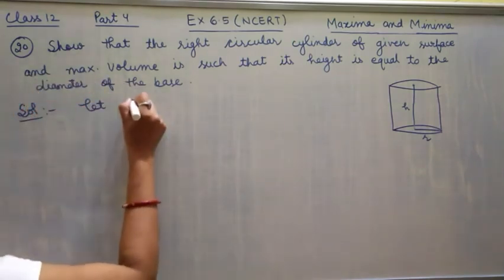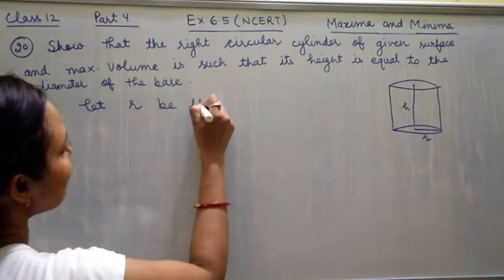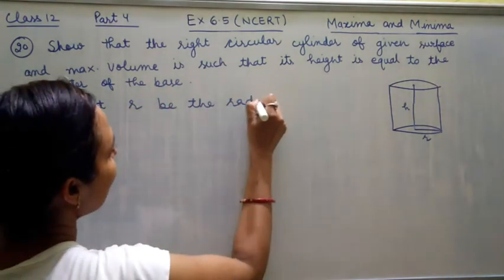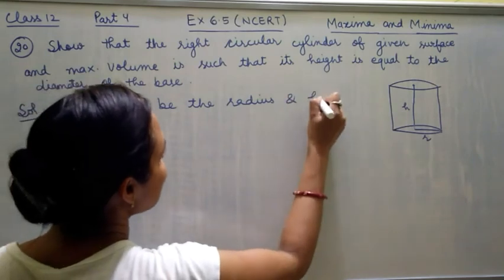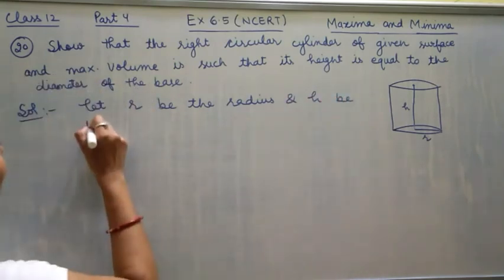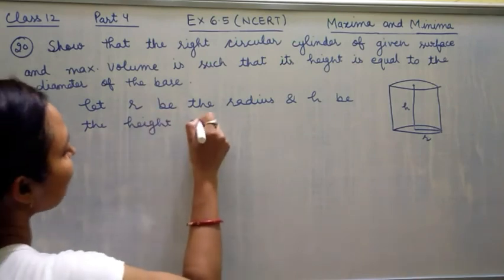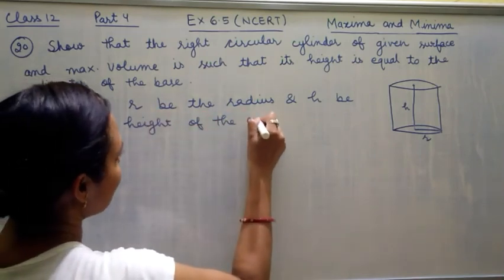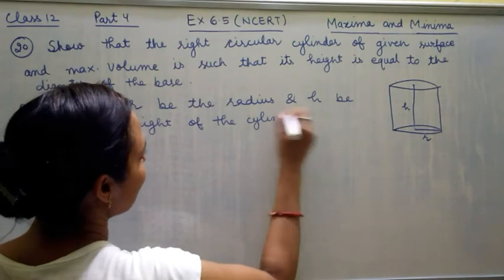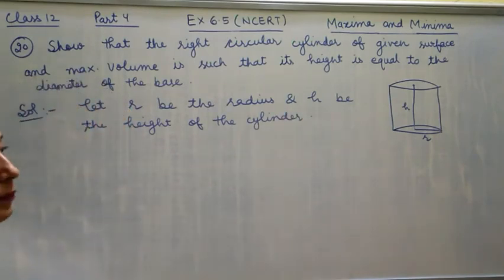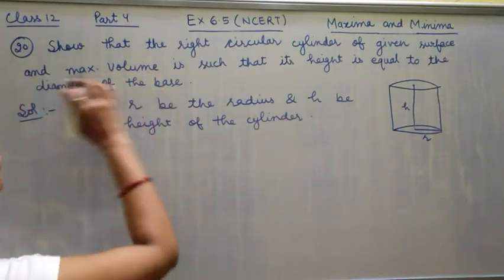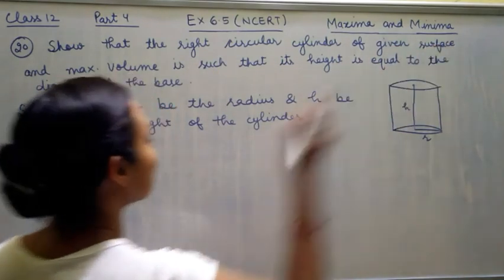Let R be the radius and H be the height of the cylinder. After writing the dimensions, we have to write the given surface area.